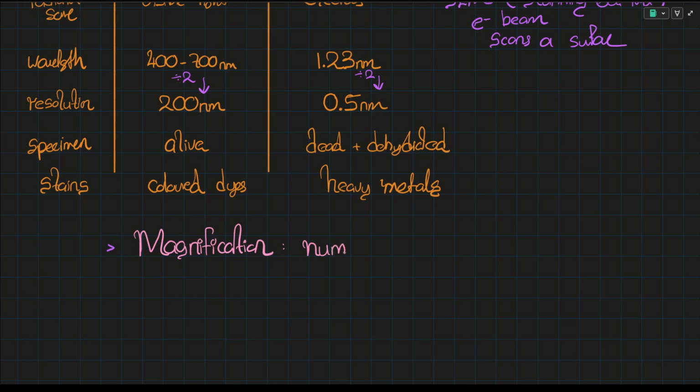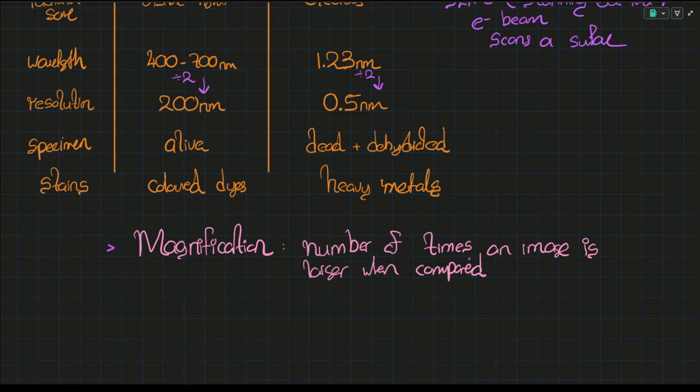The number of times an image is larger when compared to the object, to the size of the object, simply.